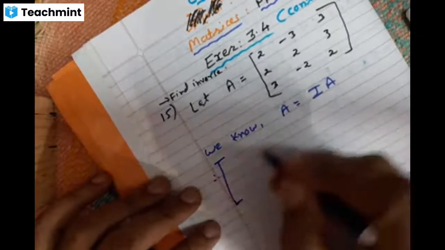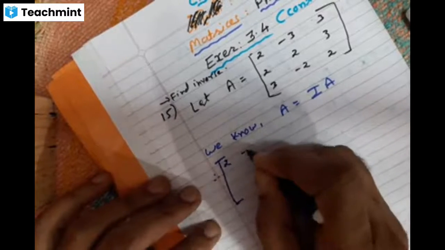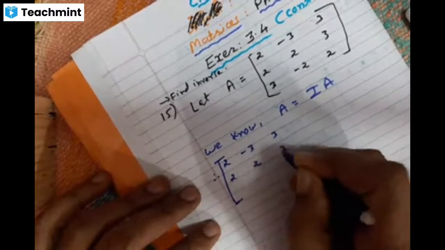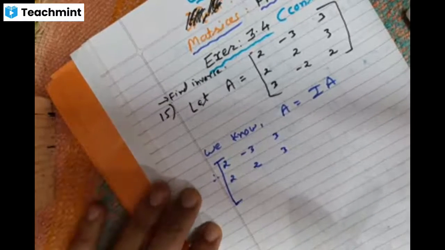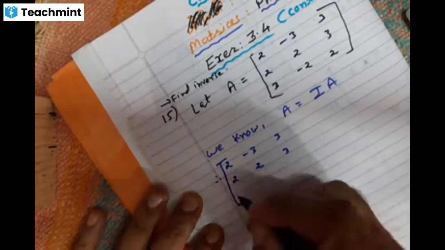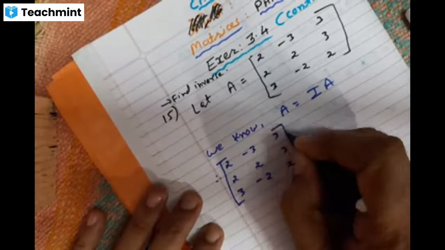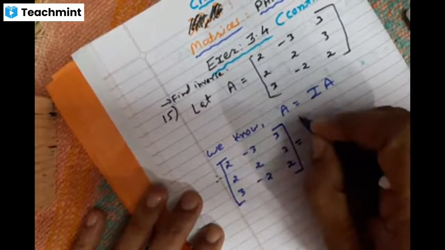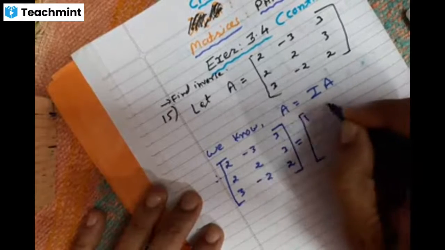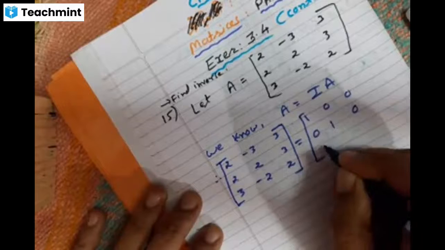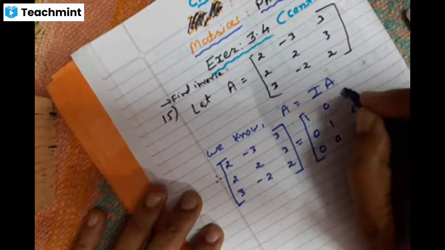So matrix A: 2, minus 3, 3; 2, 2, 3; and the third row, 3, minus 2, 2, is equal to I. I means 1, 0, 0; 0, 1, 0; 0, 0, 1.